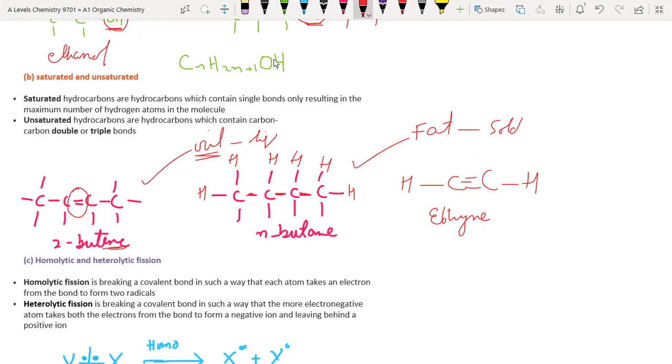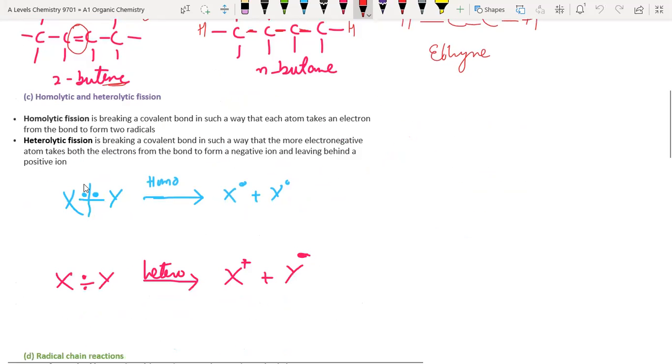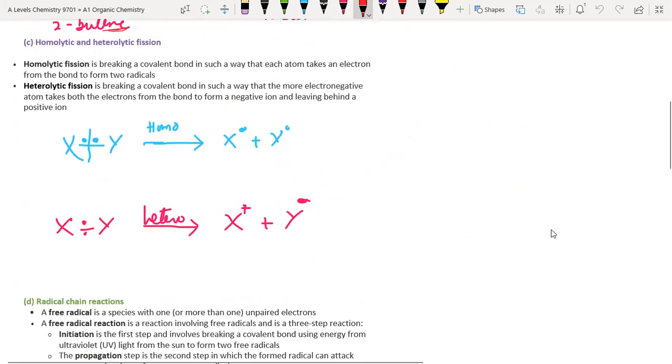Next thing is heterolytic and homolytic fission. Most organic compound reactions occur due to these fissions. In homolytic fission, the bonded atoms break their bond in such a way that both atoms obtain an equal number of electrons.